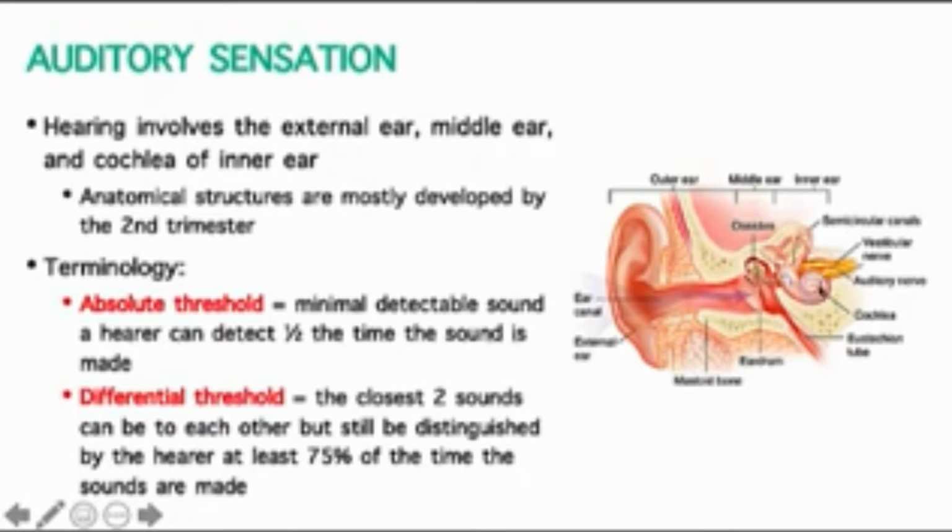The other part of the inner ear is the cochlea, which also has hair cells and a fluid-filled snail shell type shape, but this is responsive to sound waves.